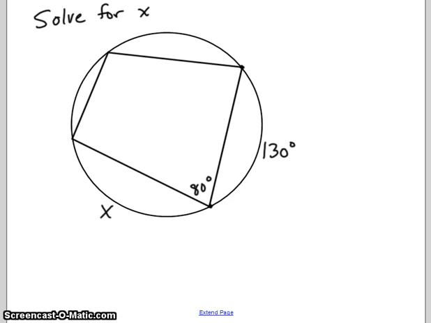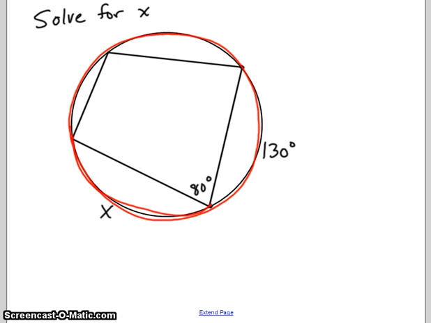Last one. We have a quadrilateral inscribed in a circle, and we need to find the measure of this arc right here. Let's see. We know that a circle is 360 degrees.